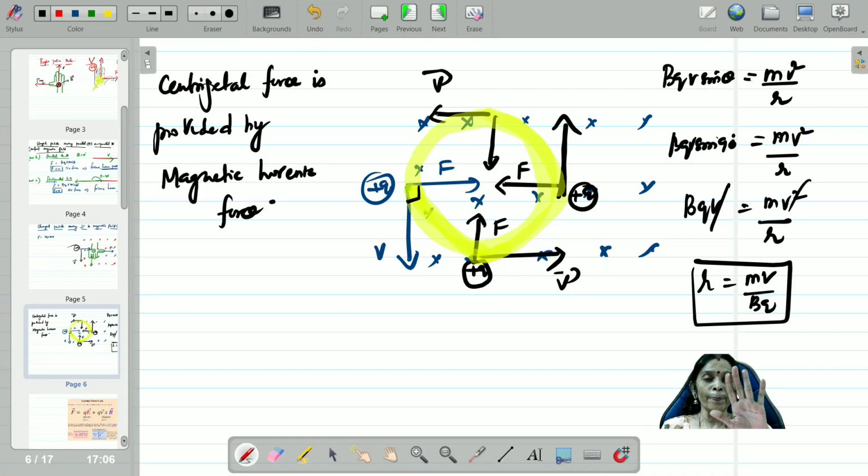Only by using the right palm rule. Either you can use the palm rule or the cross product rule. Palm rule, I have told you, magnetic field is inwards. So I am placing it like that, inwards. Now the velocity of the charged particle is towards right, so the force is going to be upwards.